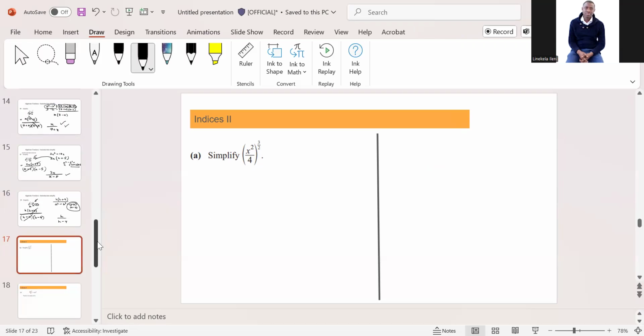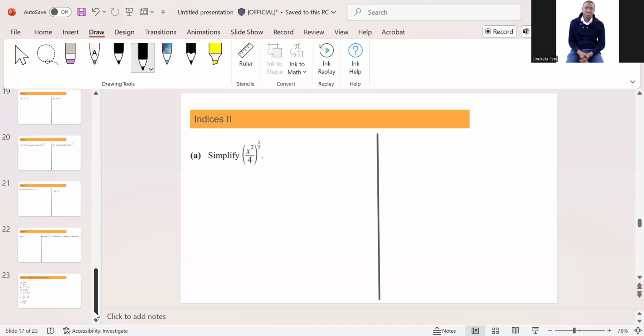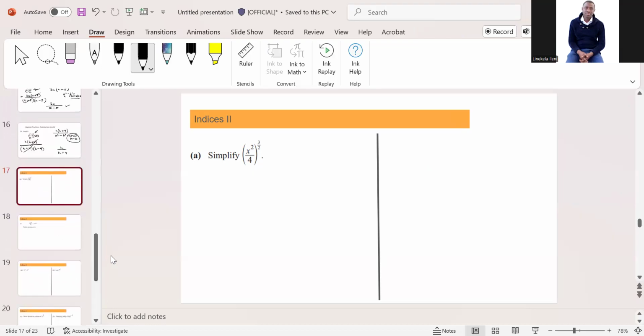I do implore you to probably watch Cognito again, just to refresh your rules on indices, particularly if you're dealing with fractional indices. You will get one or two questions on fractional indices on either paper, and you can be asked to solve or to simplify. So we'll take a look at a few examples of those, and then you take it from there.